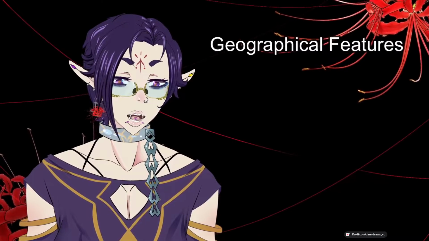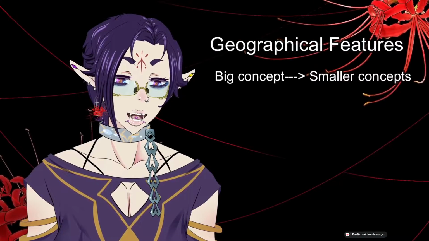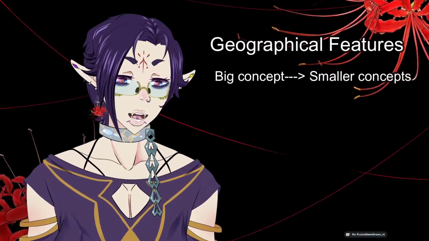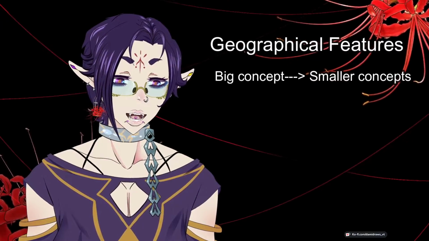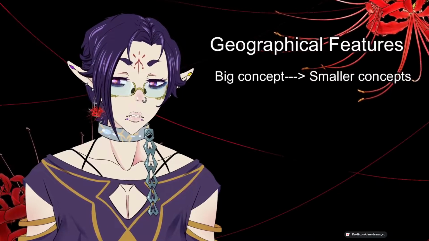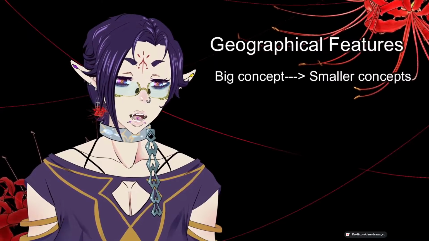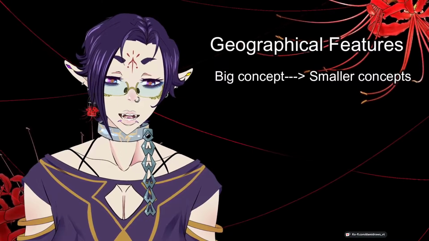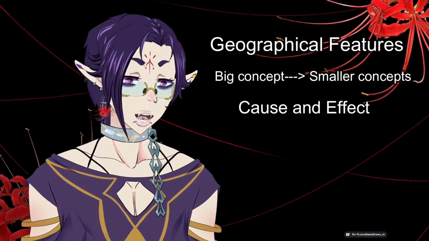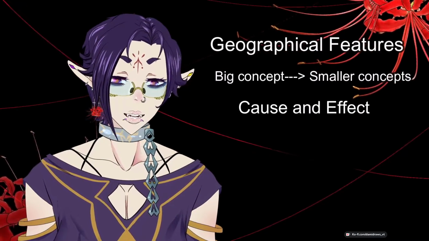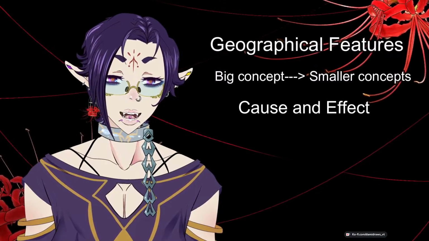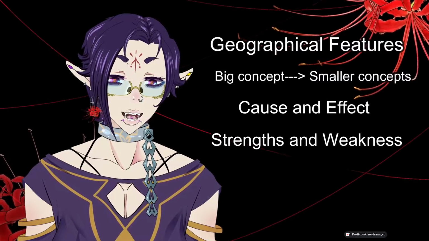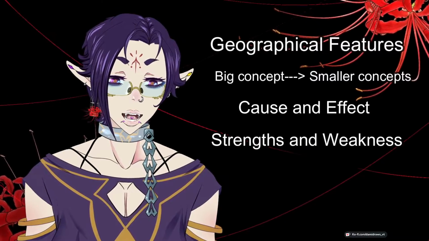And then we talked about getting into smaller details, like what is in your forest? What are some of the main elements within your forest or your lava world that make it a little bit more unique? Then we discussed how these things affect your characters or the people that live there. We also talked about the strengths and the weaknesses of your environment.